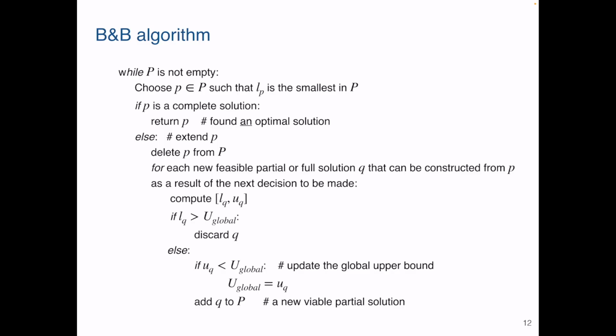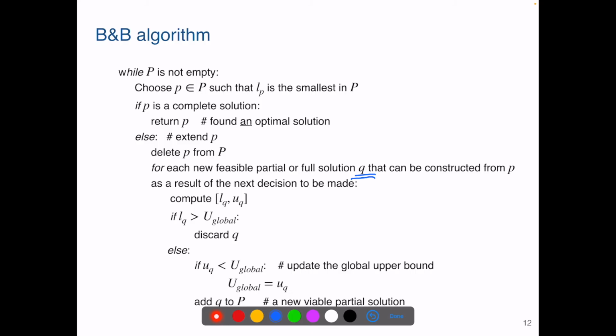Get all solutions Q that extend P by one more decision. Compute the lower and upper bounds for each Q. If a Q has a lower bound greater than the global upper bound, we can discard this Q right away. Else, we'll see if we have seen a new upper bound and update the global upper bound if needed. We add these solutions to P.